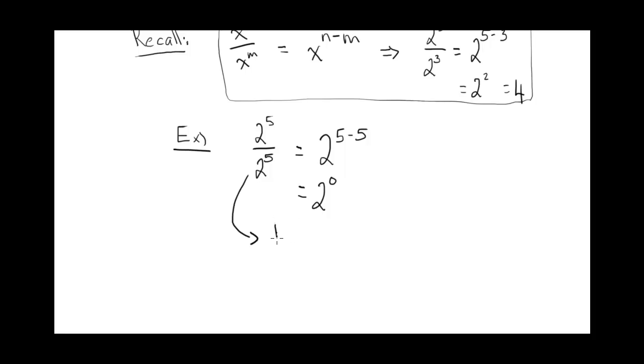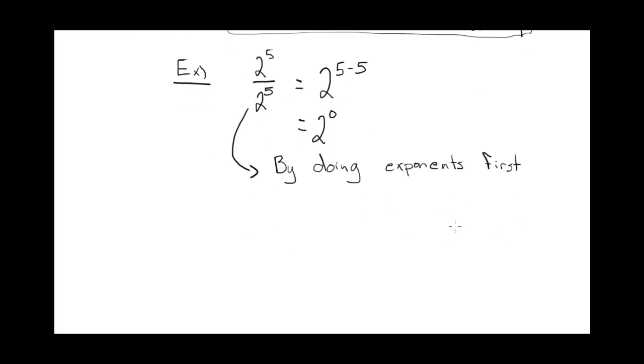Just by expanding, by evaluating the exponents rather than applying the exponent law, 2 to the power of 5 over 2 to the power of 5.